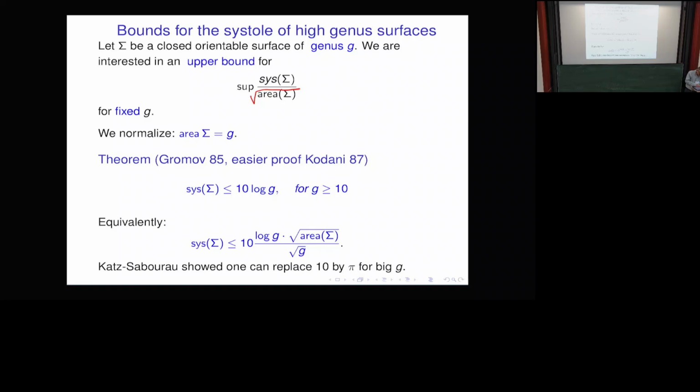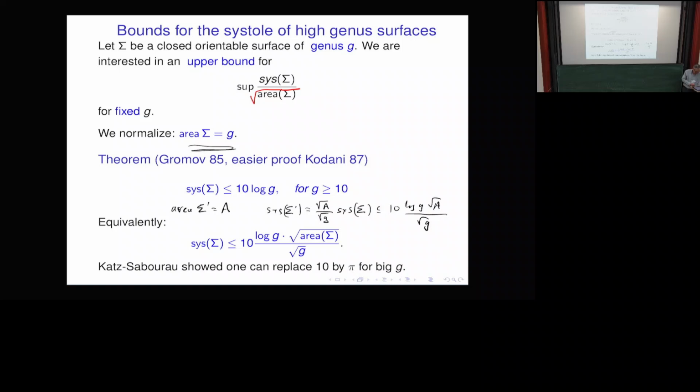So if you don't like this, and you want to take area of sigma prime to be just A, say, right? Then the systole of sigma prime. Then you have to multiply the metric by square root A times square root G, right? So to get the systole of sigma, and then if you replace this, you get 10 log G square root A over square root G. Okay.